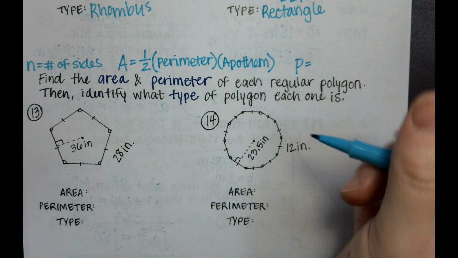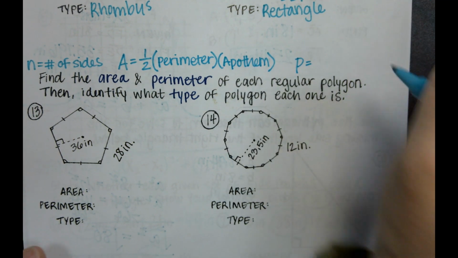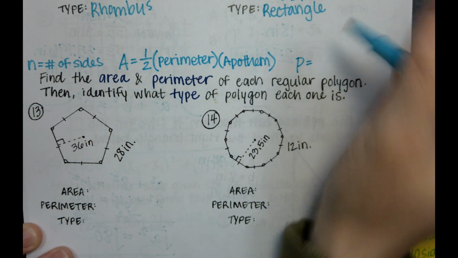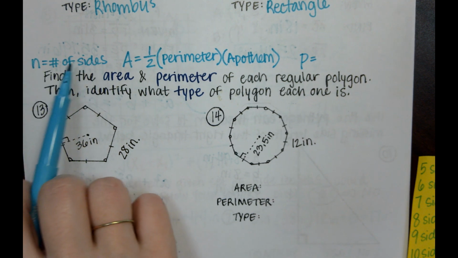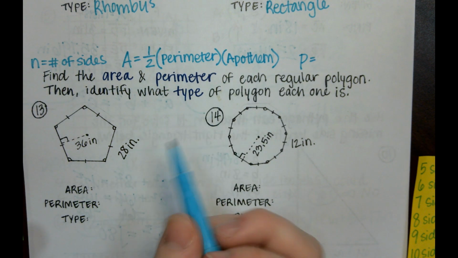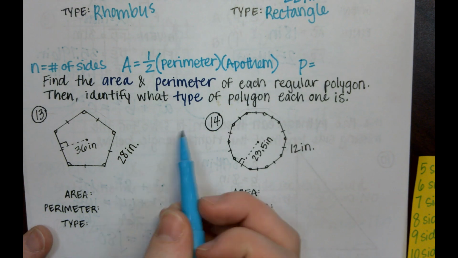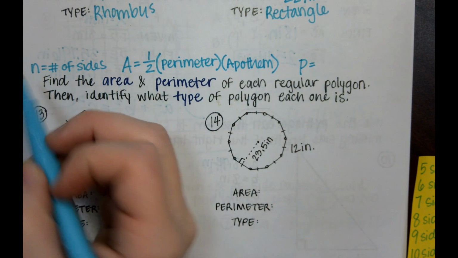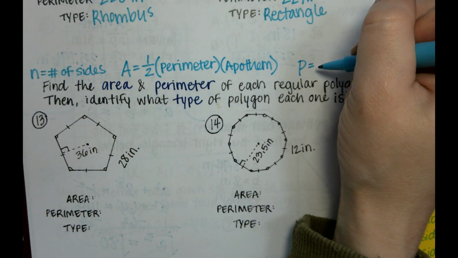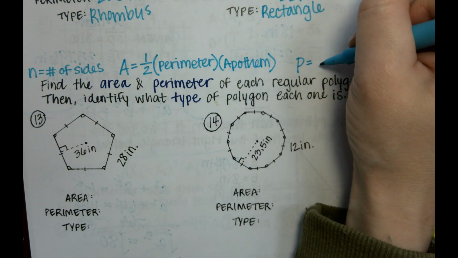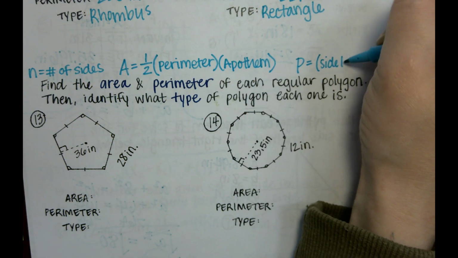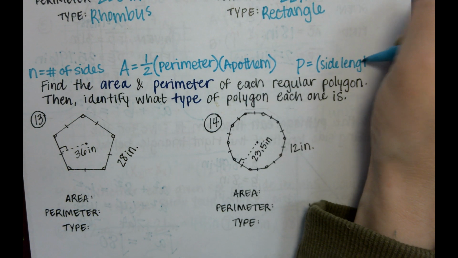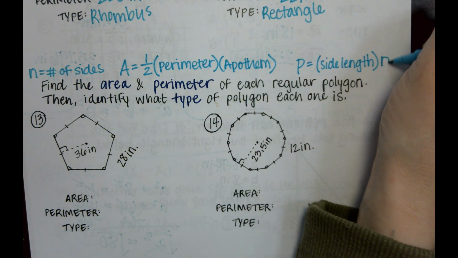There is a good formula for these other than just saying add up all the sides. It's the side length times the number of sides. Yeah, exactly. So it's going to be side length times n, or the number of sides.